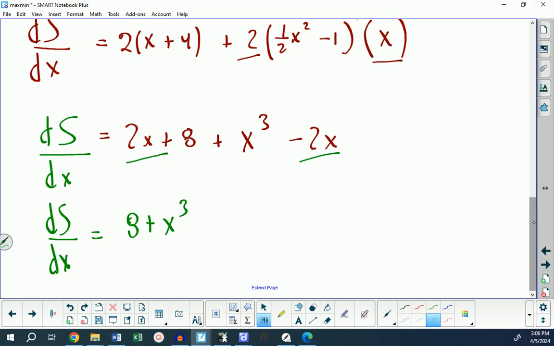But if you just set it equal to 0, you get x cubed equals negative 8. So x is the cube root of negative 8, which is negative 2. So the x coordinate of the point on the parabola that's closest to the point (-4, 1) is negative 2. And then to find the y coordinate, we would put that in for x and get what I believe will be 2.